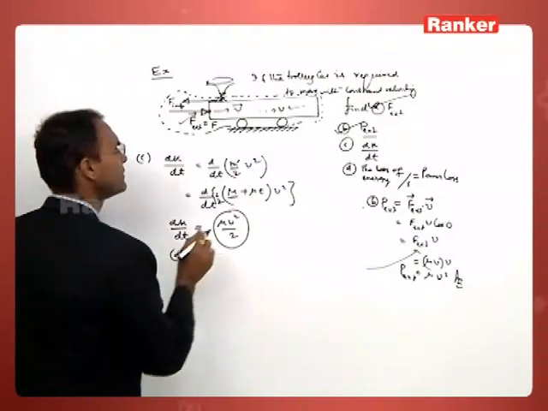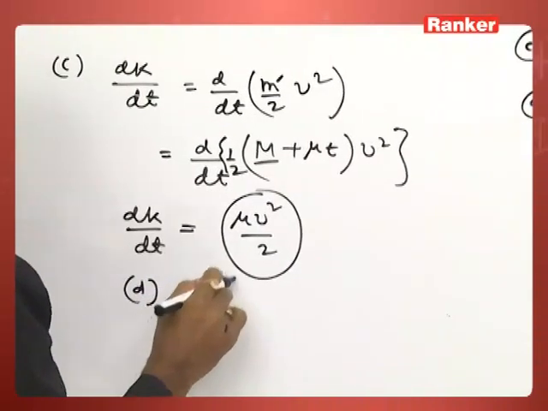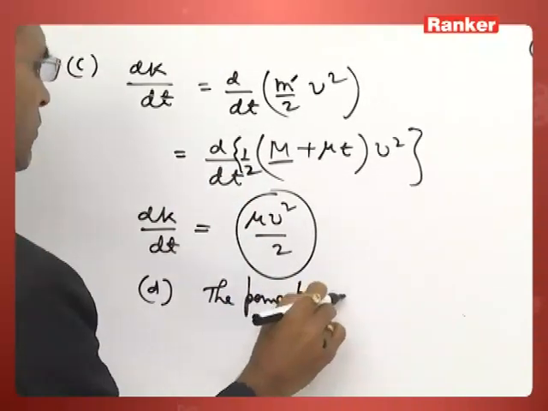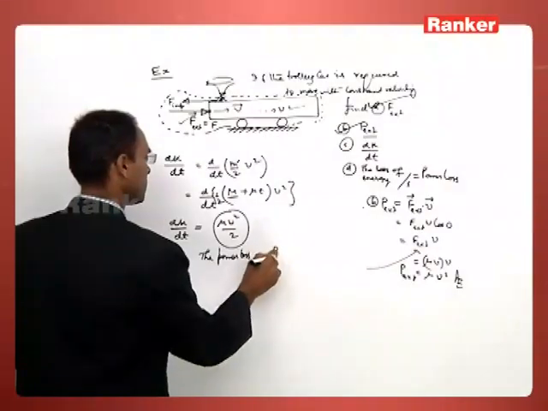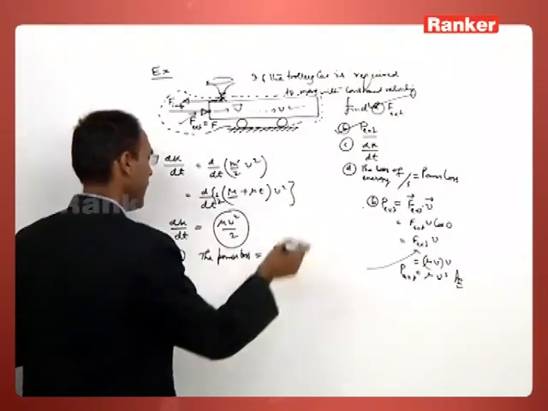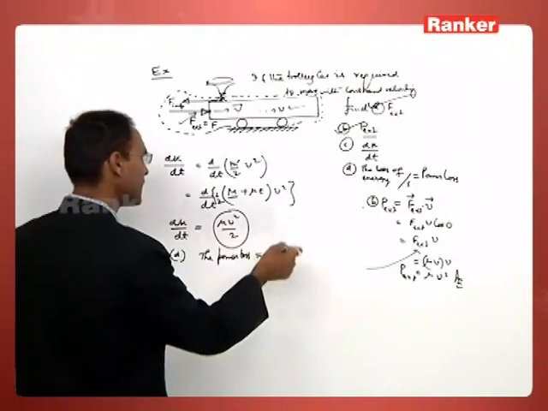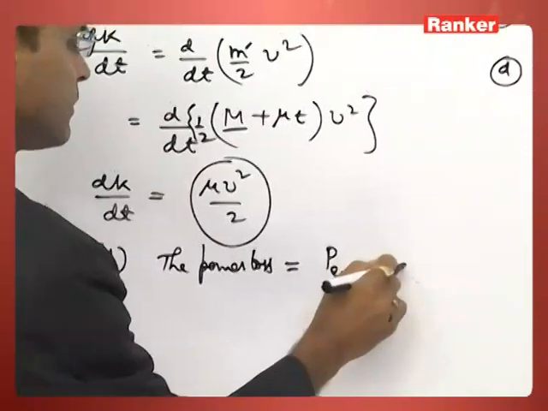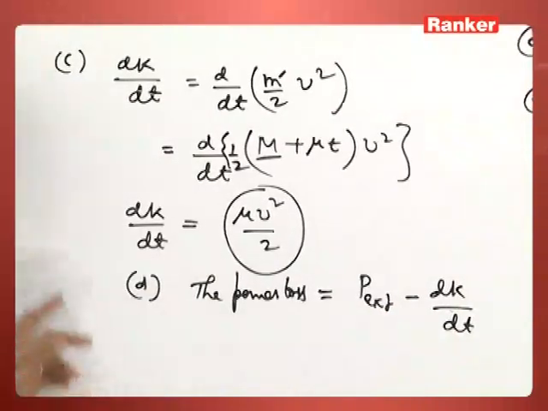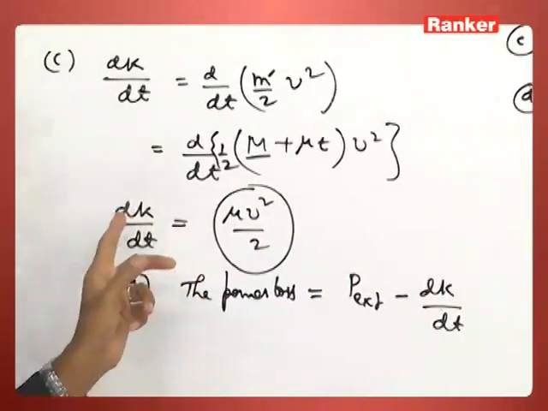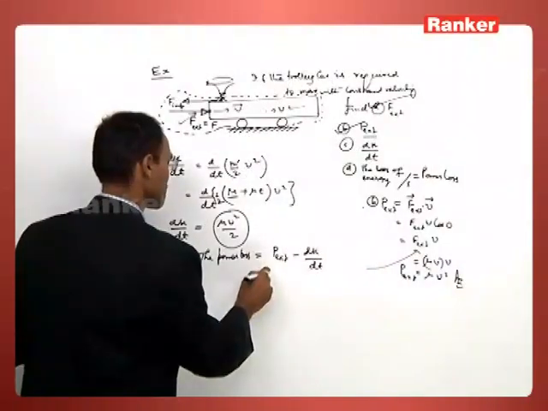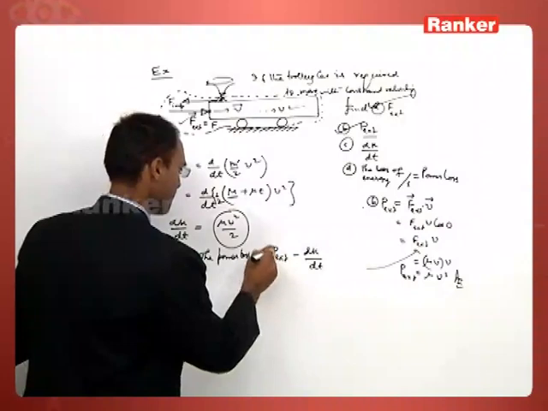Then we can write the power loss, or loss of energy per second, is equal to power input, that is the external power delivered by the external agent onto the system, minus the rate of change of kinetic energy. This is in accordance with the conservation of total energy, mechanical plus the dissipated energy.